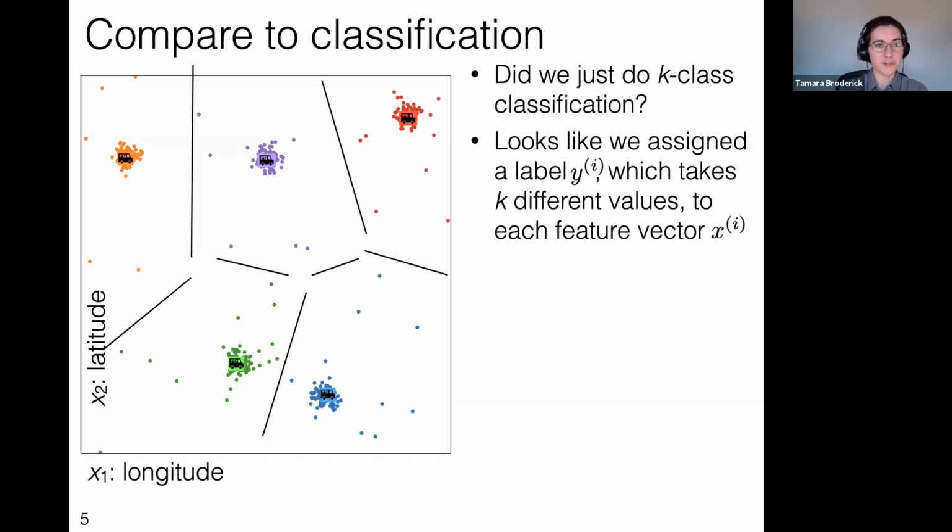Certainly, something that is true is that we assigned a label yi. Yi takes k different values, those are the k food trucks, to each feature vector xi. So my questions for you for the chat are: one, is this classification? And two, why or why not?